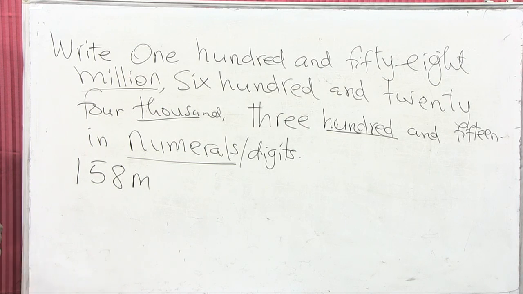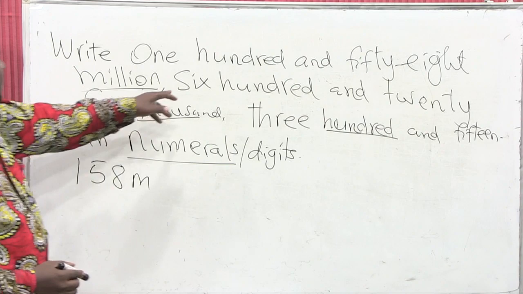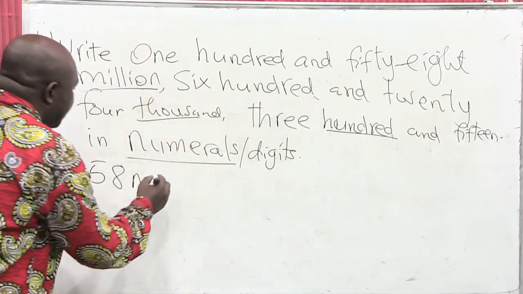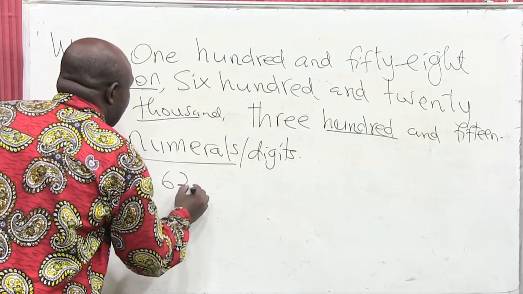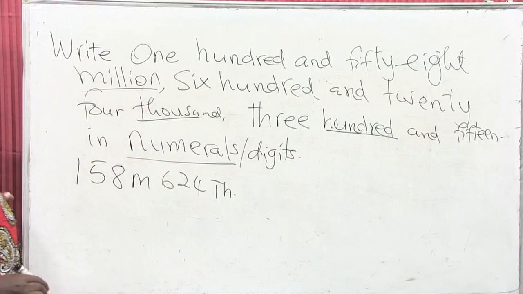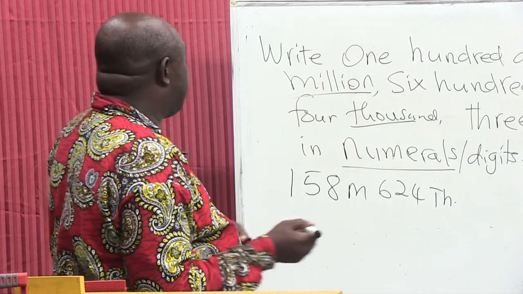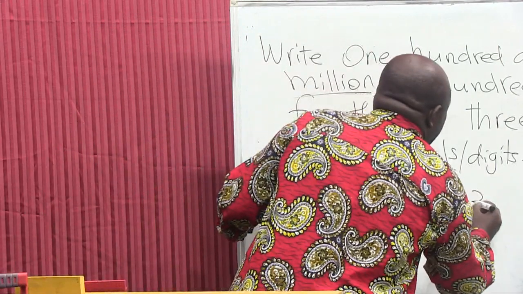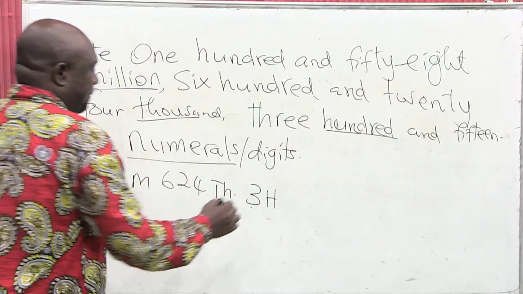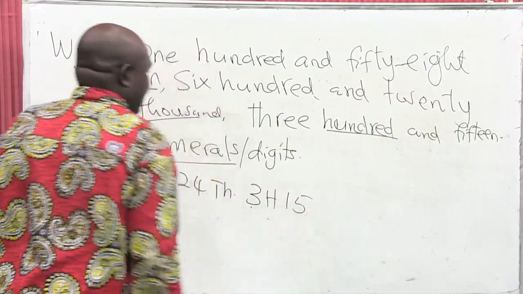And 624 is 624,000. Then 315. 300, this is the 3, and 15 is like that.